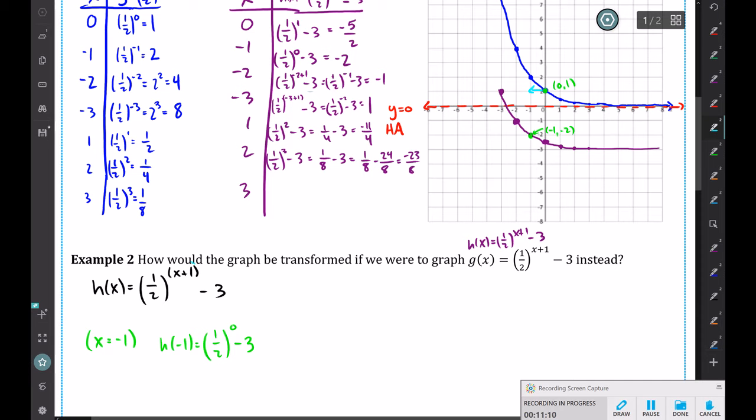This x plus 1 is telling me to shift left 1 unit, because x plus 1 will equal 0 when x equals negative 1. And the negative 3 is telling me to shift down 3 units.